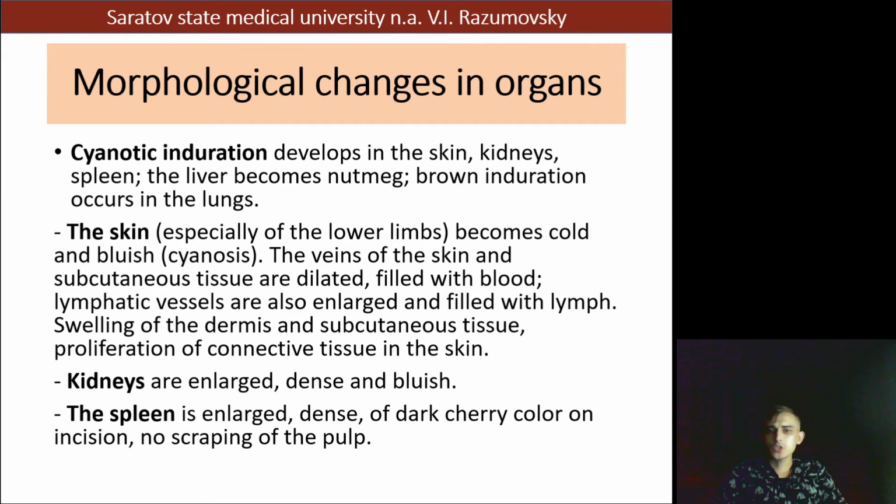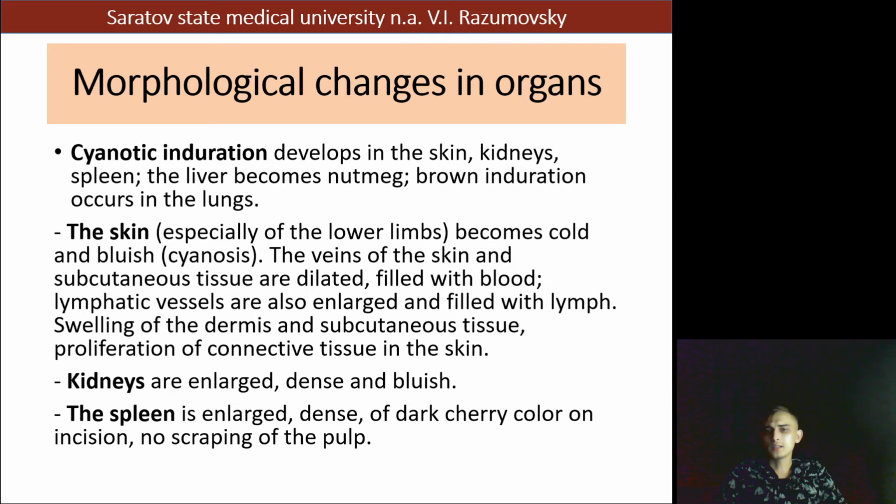In the kidneys, they will be enlarged. They have cyanotic color and dense consistency. In the spleen, you may find that spleen is enlarged, dense, of dark cherry color on incision, and no scraping of the pulp.